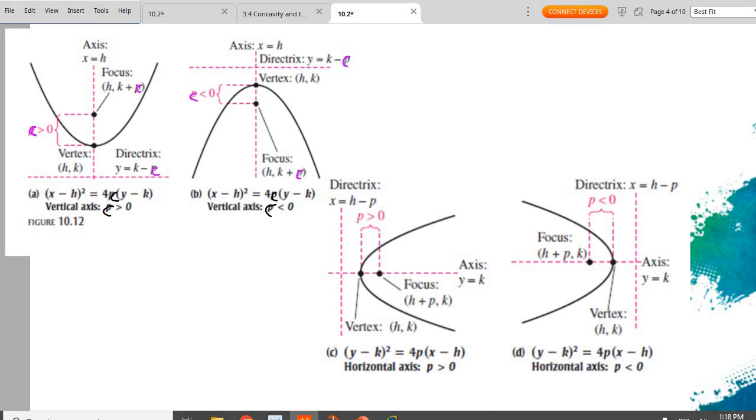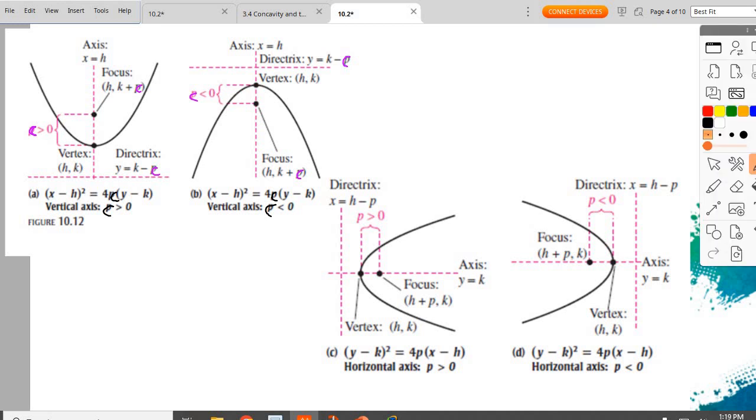Your left and right parabolas are very similar. The only difference now is when C is positive, it's going to point right. When C is negative, it will point left. That C value is still the distance, though, from your vertex to your directrix and your focus.